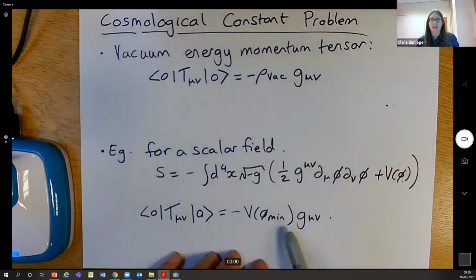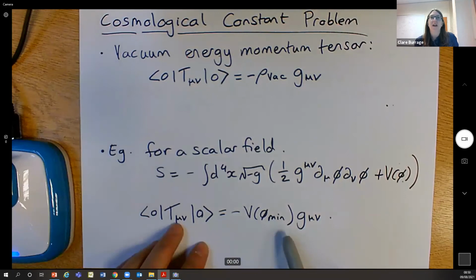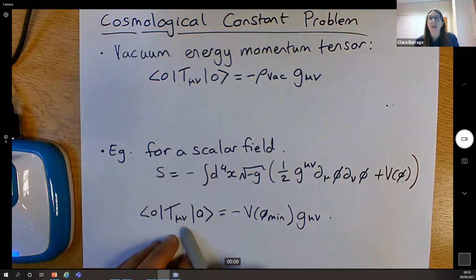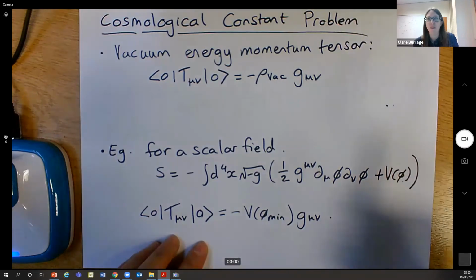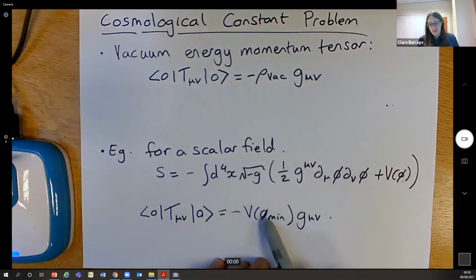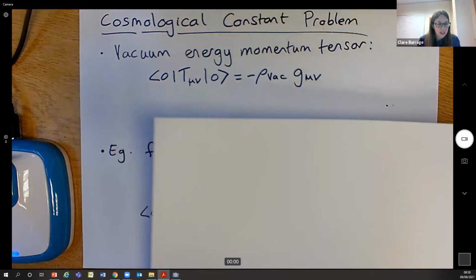So this is the structure that you get for the vacuum energy of your scalar field. We're just talking classically for the moment. This is just the minimum of the potential. But exactly as has been pointed out, that can evolve as the universe evolves.